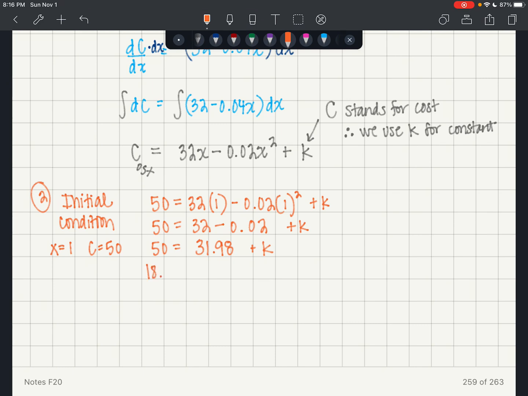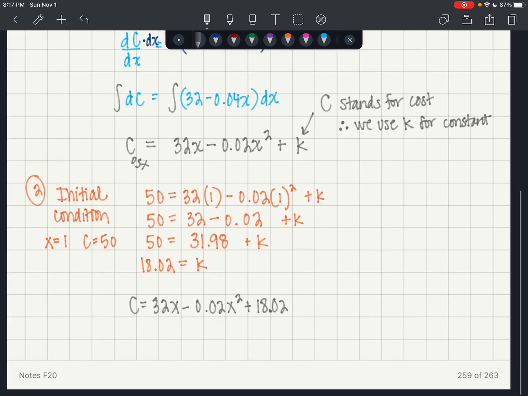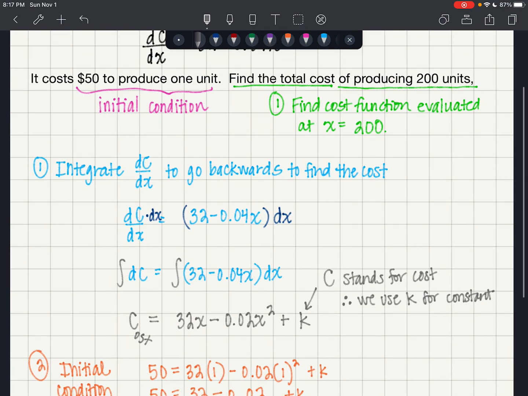Okay, 18.02 equals k. So our cost function is 32x minus 0.02x squared plus 18.02. Now, what was our third step that we wanted to do?